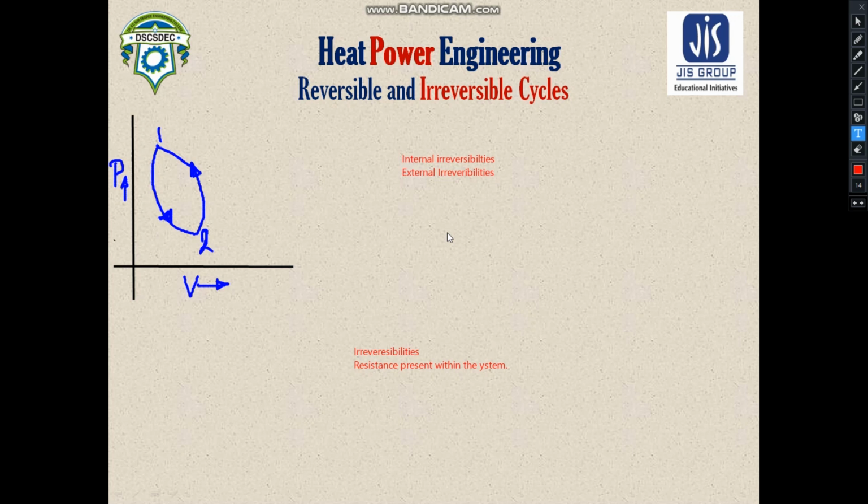Now coming to the external irreversibilities. Whenever there is heat transfer, whenever there is work transfer, why are these quantities flowing? Heat only flows when there is a certain temperature difference. If there is no temperature difference, then heat will not flow. It is a quantity which we call energy in transit. Work is exactly the same. Whenever there is a difference in force, a difference in pressure, you can obtain work.